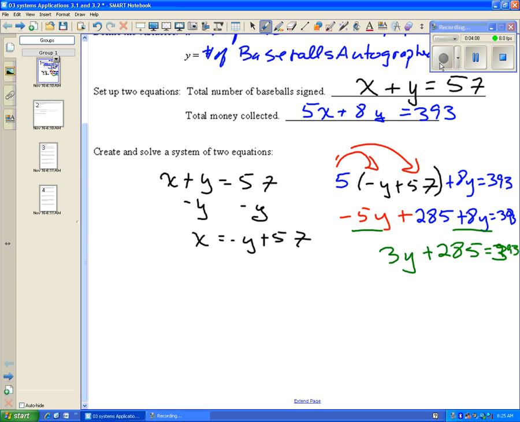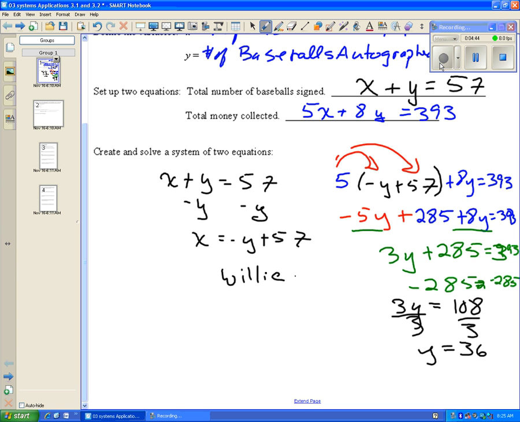So let's go ahead and subtract 285 from both sides. I get 3y is equal to 393 minus 285. I get 108. Divide both sides by 3. Y is equal to 36.